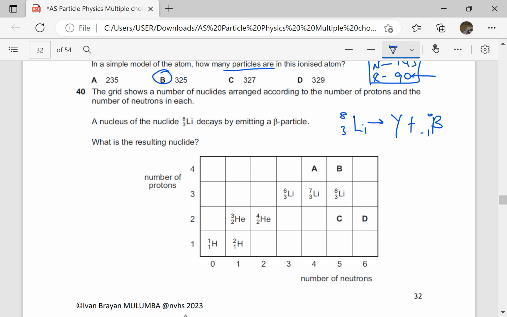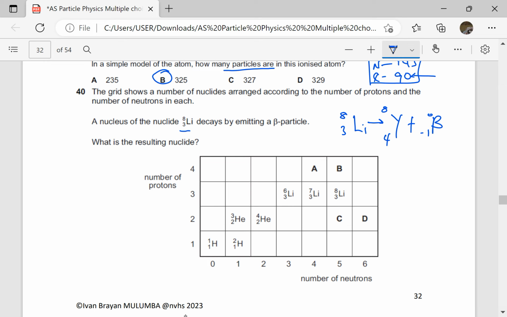So we have lithium decaying by emitting a beta particle. The nucleon number is going to be 8, and the proton number is going to be 4.